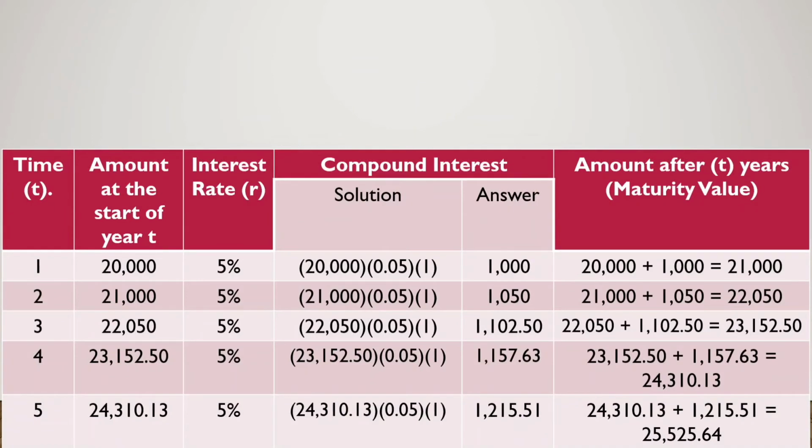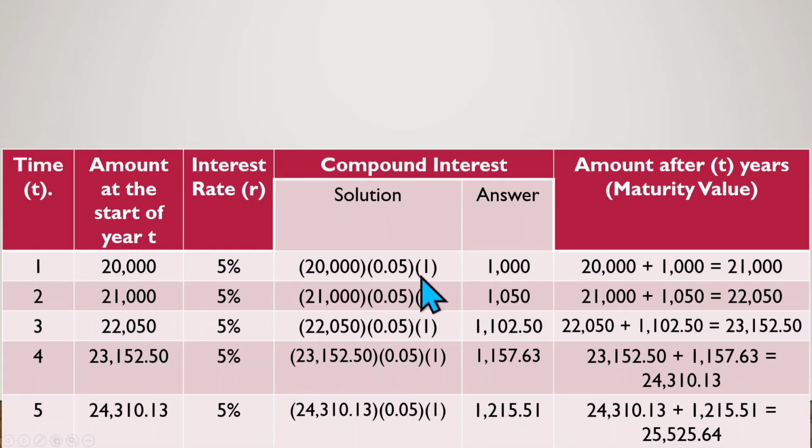So let us see. We have here the table. This is different from the simple interest table that we have discussed earlier. On the first year, 20,000 times 0.05, which is the 5% interest, times 1.